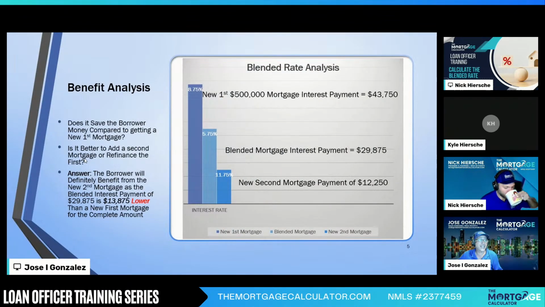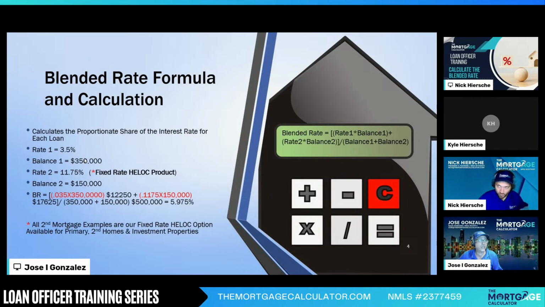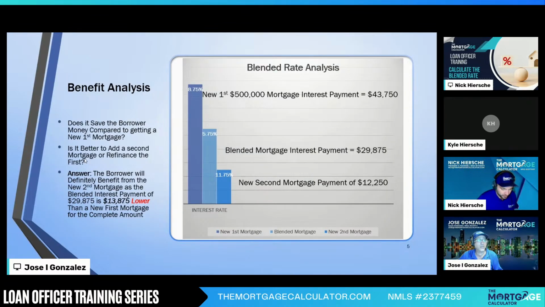So the savings is still going to be about $8,800 less interest, combining if they have the blended rate there, as opposed to a new first mortgage of 8.75%. If they have that 5.75% interest rate, they're still lower. There's still some savings there, and that's the key.